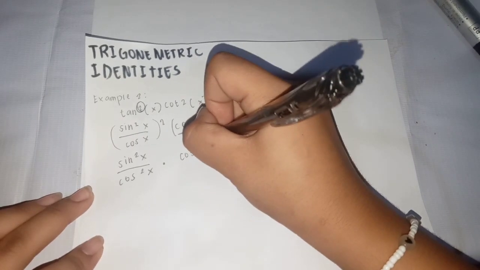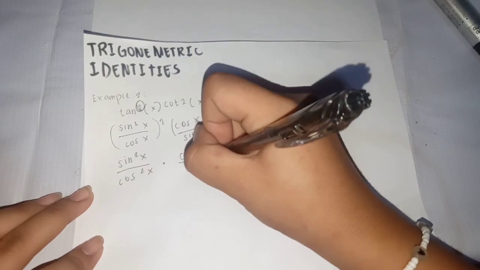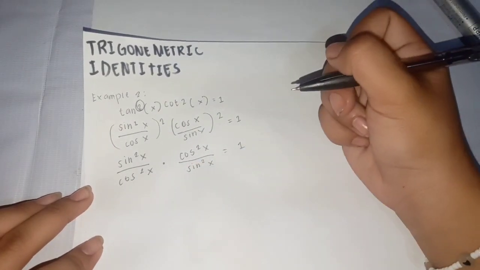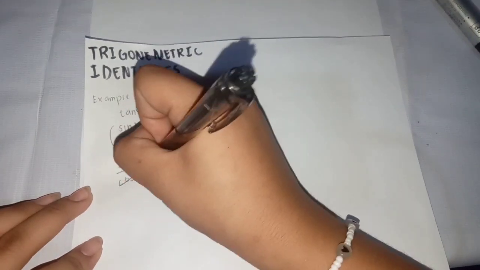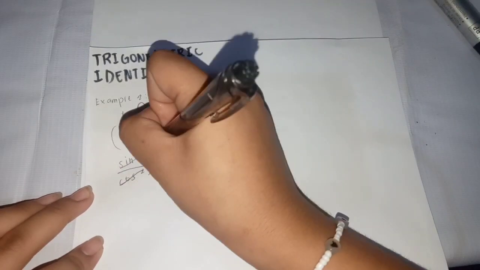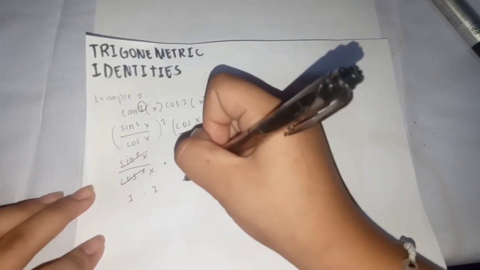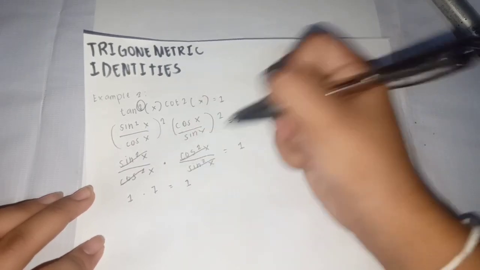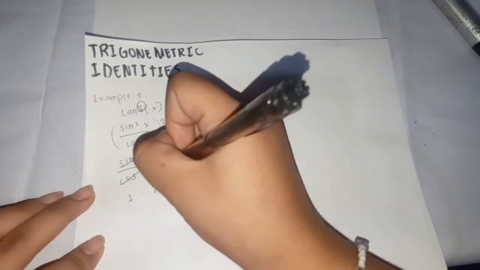So this becomes sine squared, and the same is true with cosine. We're going to raise cosine to the second power. So this becomes sine squared over cosine squared times cosine squared over sine squared. Sine squared divided by sine squared is 1, so basically we got 1 times 1, which is 1. That is for example 2.